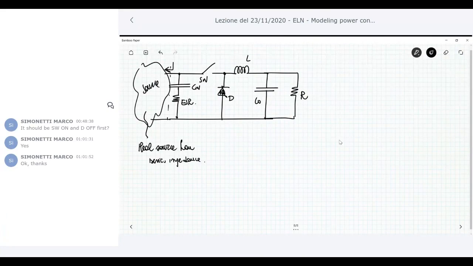So what happens to the input voltage? Let me call this voltage here V in, as usual.